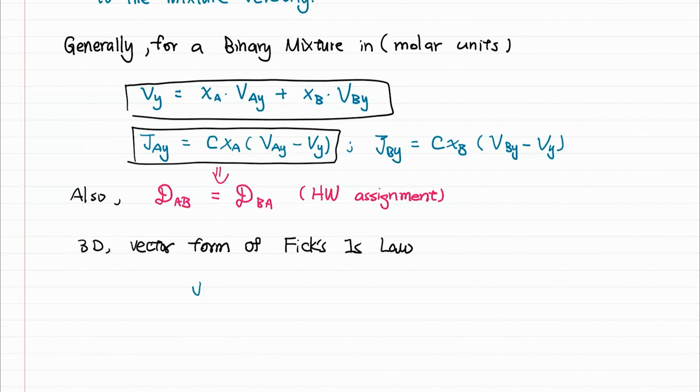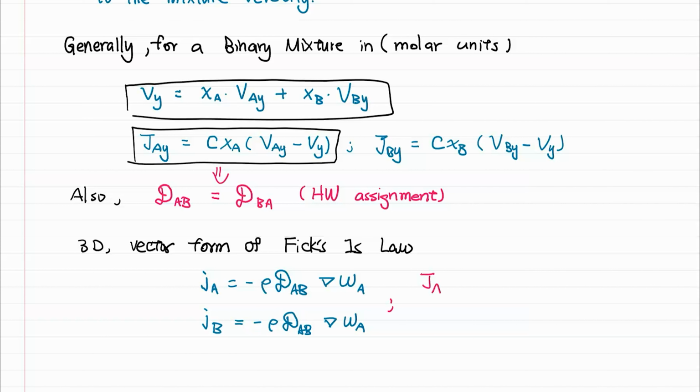We will have the diffusional flux of A equal to negative rho D_AB times the gradient of the mass fraction of A. Or if we want to write this in molar units, we use the capital J. J_A equals negative D_AB times the gradient of concentration of A, and J_B equals negative D_BA, so we need to correct the previous one. So this is BA.